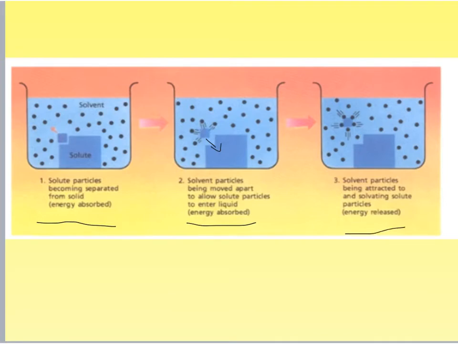And finally, step 3 would be where the molecules of the solvent kind of surround and get in between that solute and keep it apart from the rest of whatever else is in the container, like the rest of the sugar block.